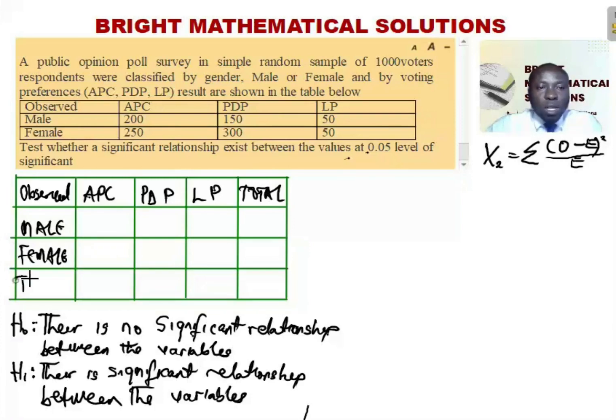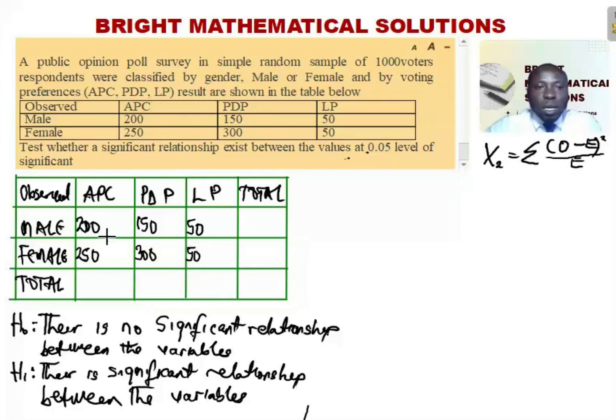Here we're going to write total, because that will lead us to calculating our expected. So let us input it. We have 200, 150, 50, then 250, 300, and 50 here as well.